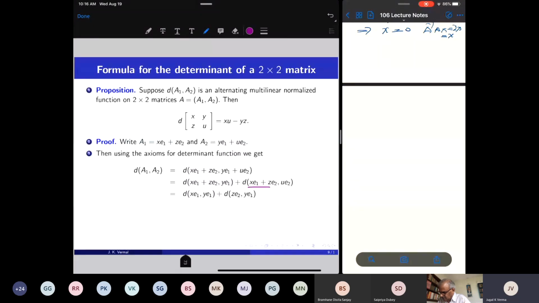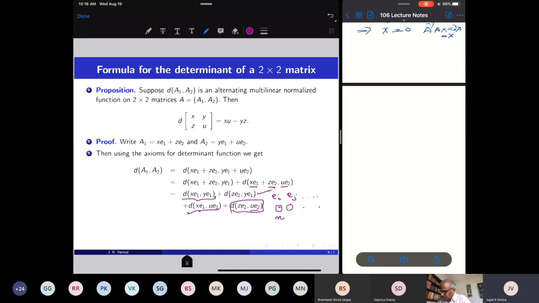For the case of 2 by 2 matrices, they came in a certain order, right? There were so many terms: e1, e1, e2, e2, e1, e2, e2, e1. So if I have these n terms, this can be written in n ways. I can choose any ei here. Similarly, here I can put any ej and so on.